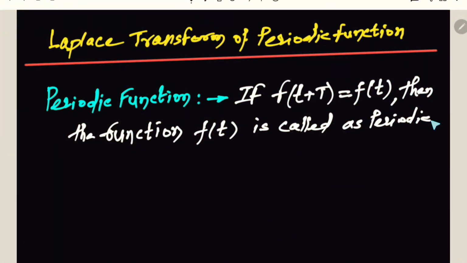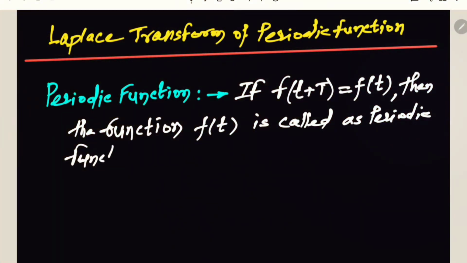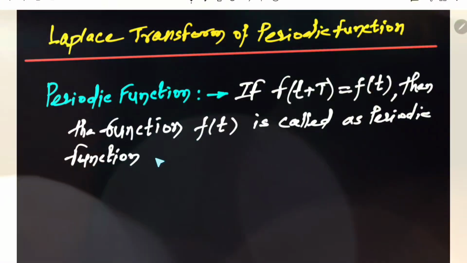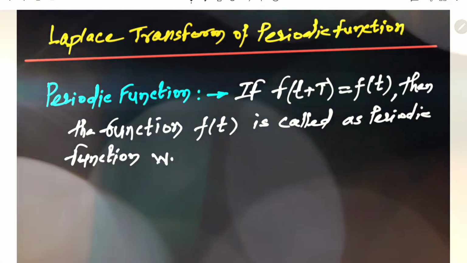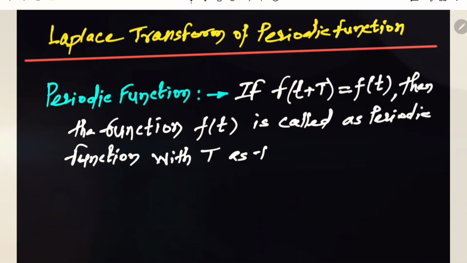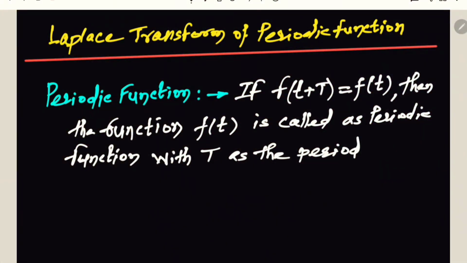Examples of this periodic function: sine is a periodic function. Sine of t plus 2 pi is equal to sine t, a known result to all of you. Therefore, the sinusoidal waveform is a periodic function whose period is 2 pi.